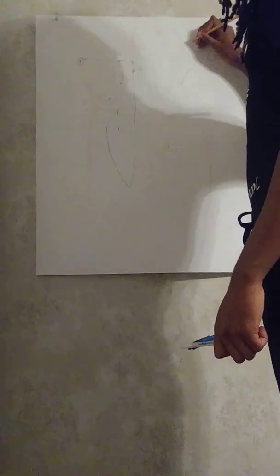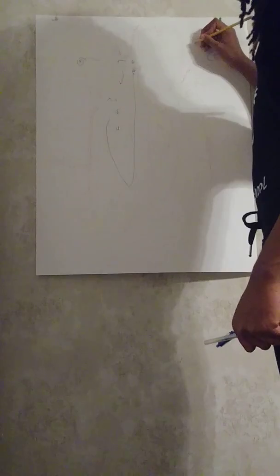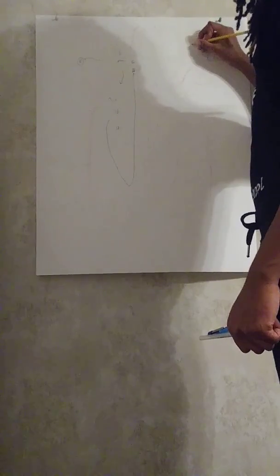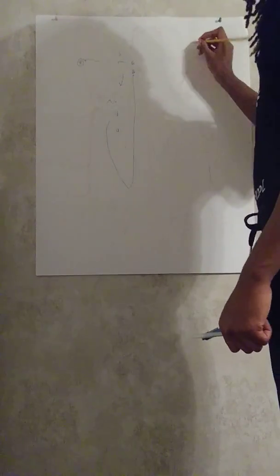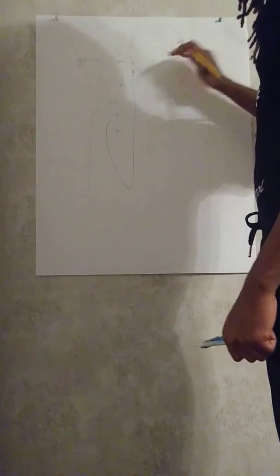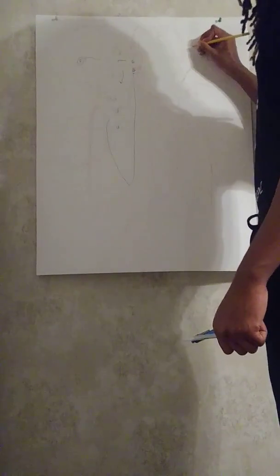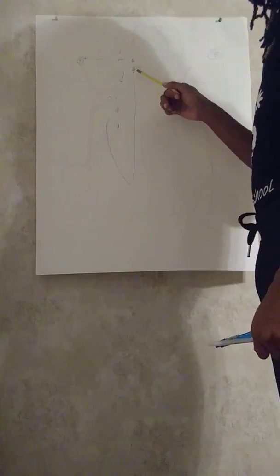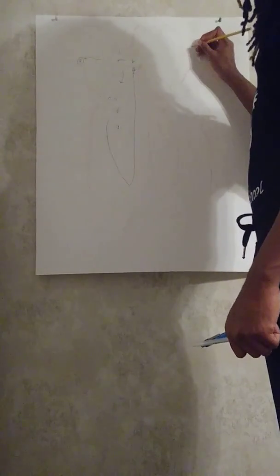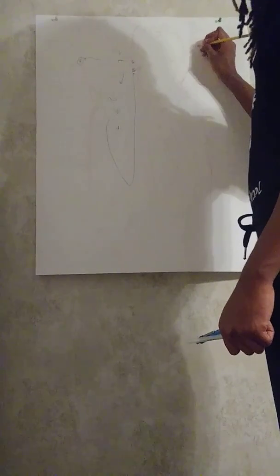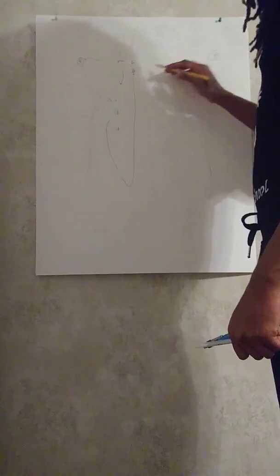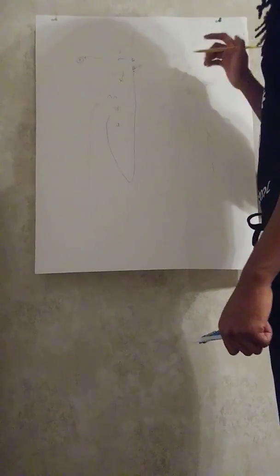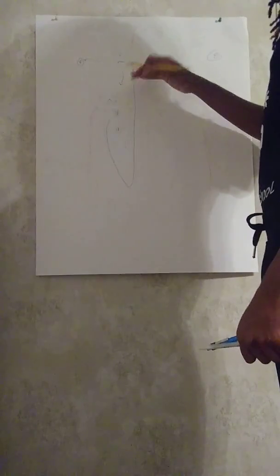Then 10, you got the left atrium. 11, you got the bicuspid valve, and it goes through the bicuspid valve. 12, then it builds pressure from the left ventricle. 13, it goes through the aortic valve right there.